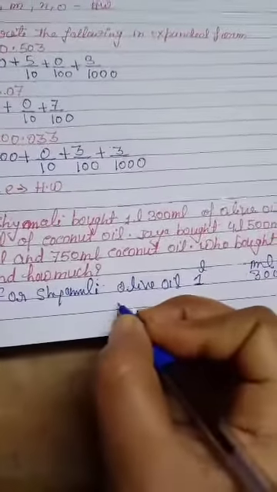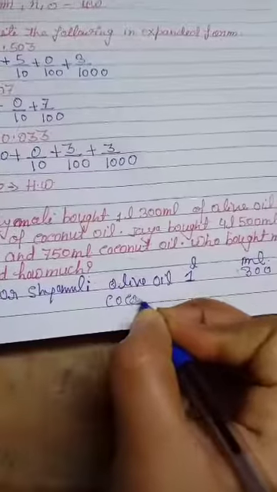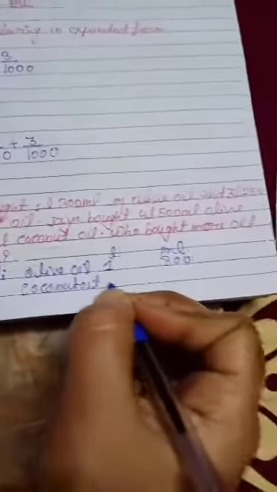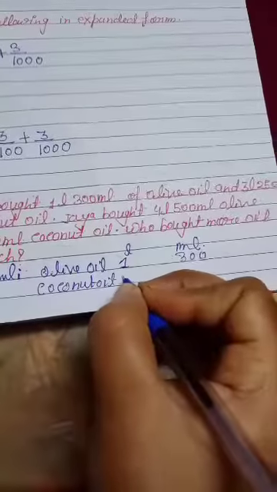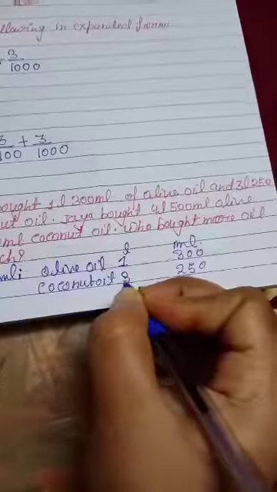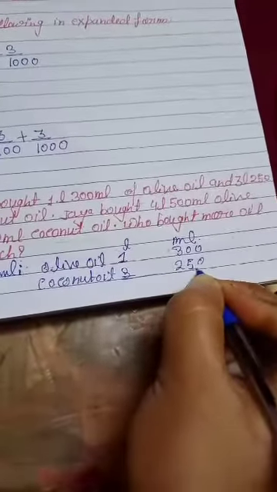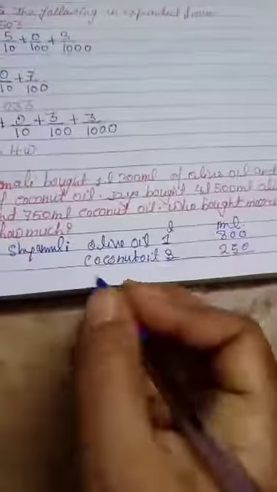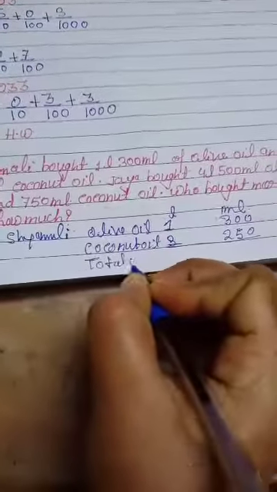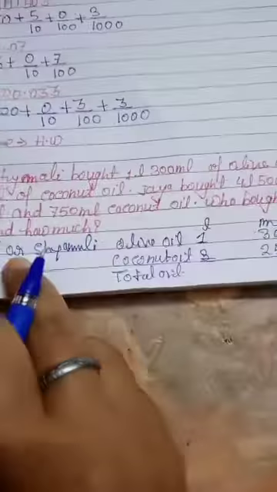And which second oil has she bought? Coconut oil, 3 liter and 250 ml. Now add the total oil she has purchased, both kinds of oil, by Shamli.